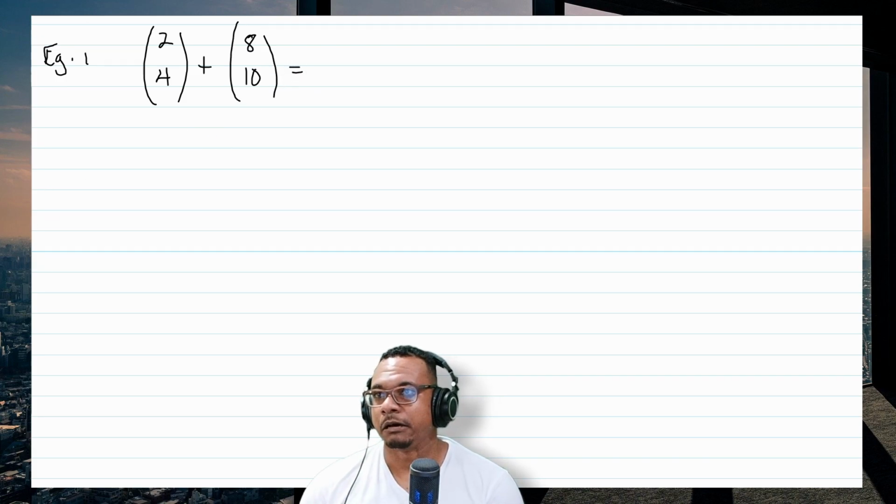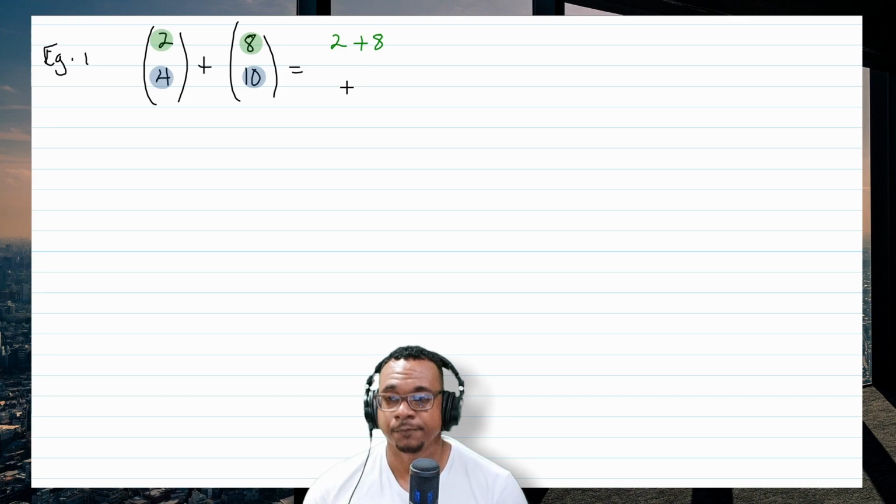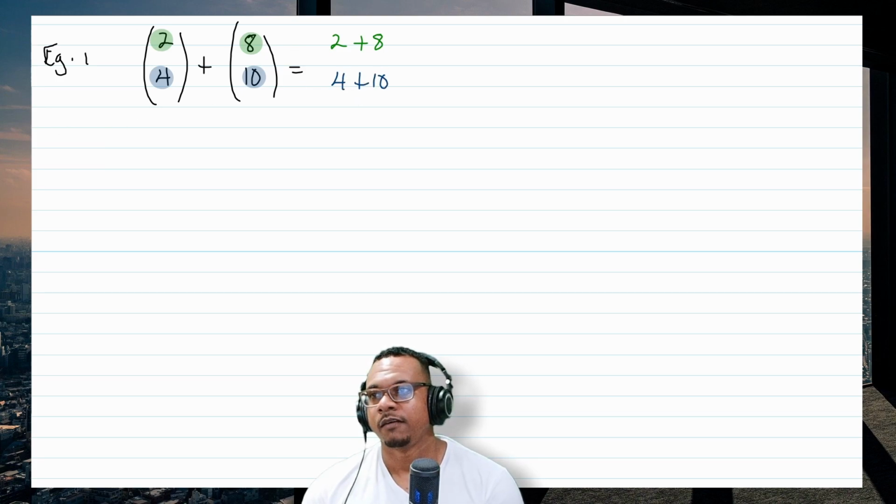It just means this 2 will line up with this 8, and this 4 will line up with this 10. So we're going to do 2 plus 8, and 4 plus 10. You don't have to write out each step, you can just say 2 plus 8 and write the answer one time. That's basically what we're working out.